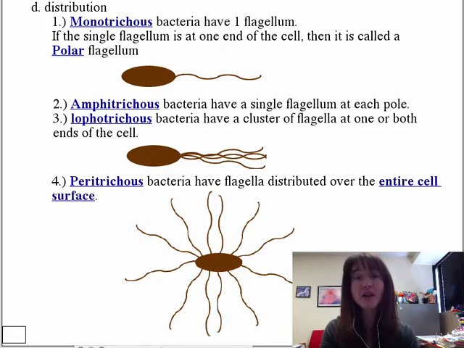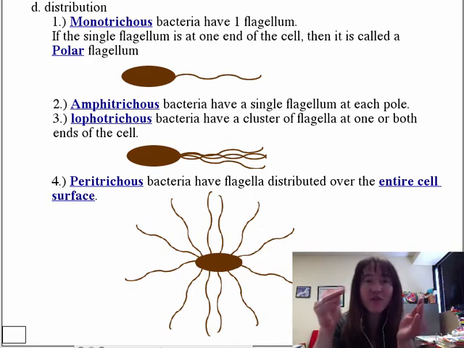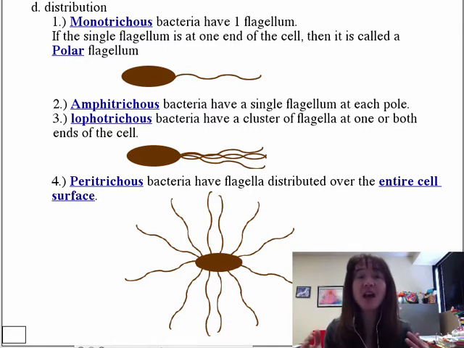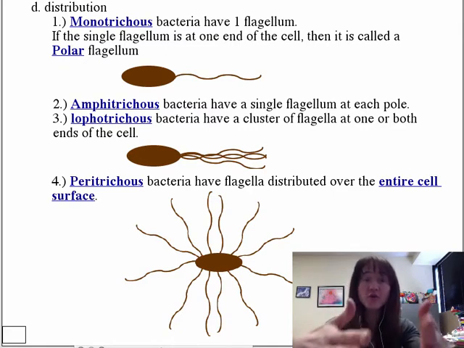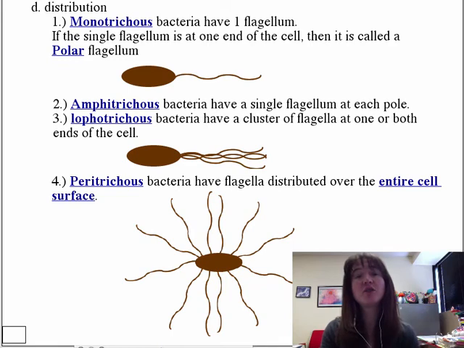A counterclockwise rotation is going to be associated with the cell moving forward, if you will, in a run-like pattern. We call it a run. That is just straightforward movement. So when the bacterial flagella move in a counterclockwise way, we see them running.